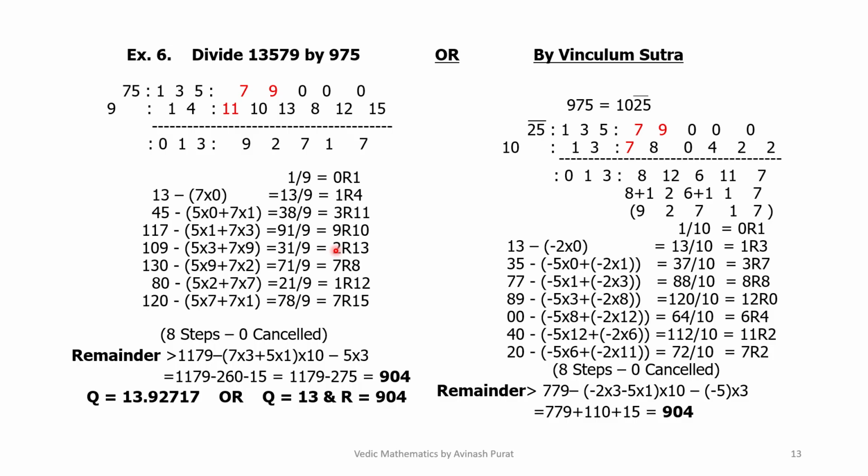Quotient 2 is taken because if 3 is taken, then you get only 4 as remainder, and 40 minus (5 into 9 plus 7 into 2) will become negative.